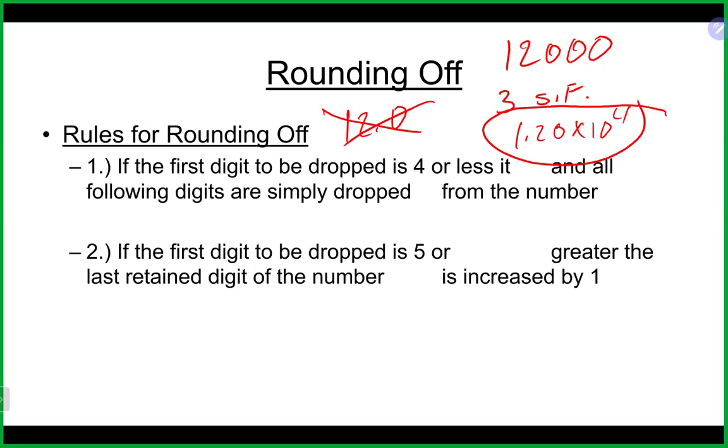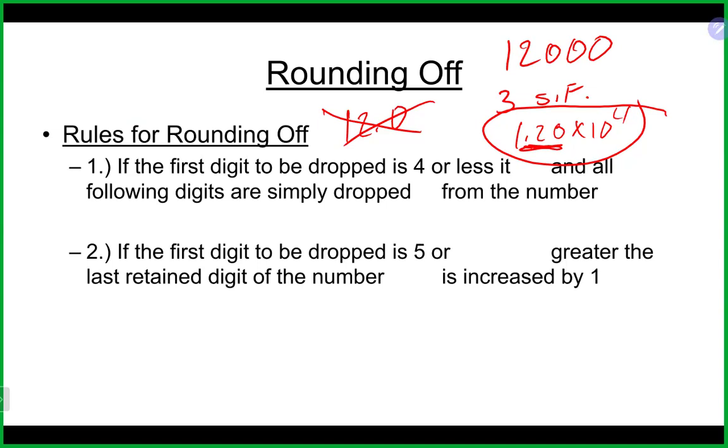So as was said here, we would want to write in scientific notation, once again, like this. That will give us 3 significant figures. Is there a way to write that number with 3 significant figures without scientific notation? The answer is no. And that was what I was saying earlier. Sometimes the only way to get the proper number of significant figures is to write it in scientific notation.